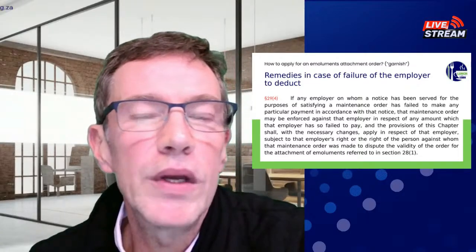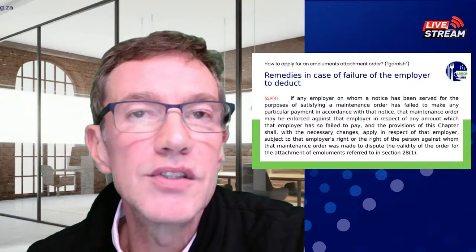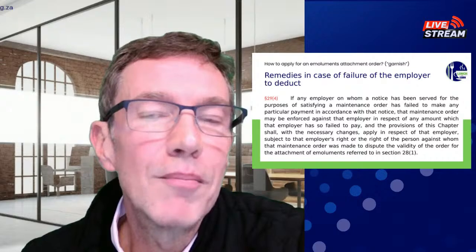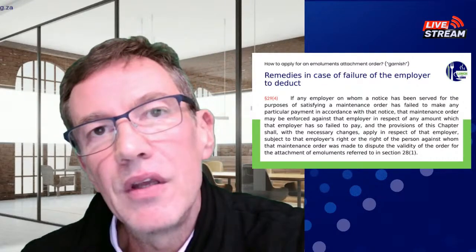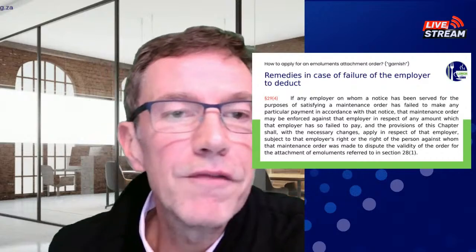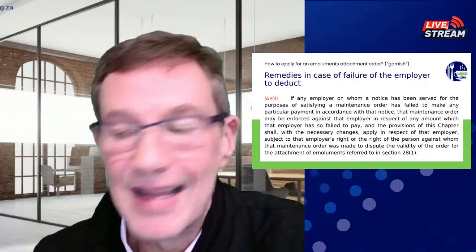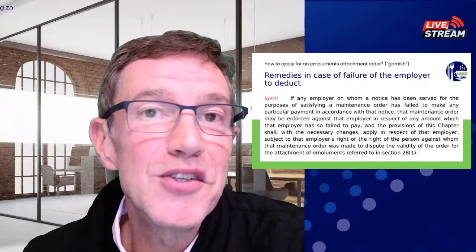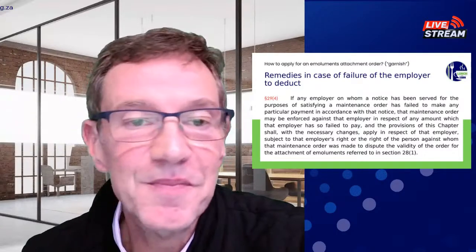I had one case where I actually attached the mainframe computers of that company for non-compliance with the garnishee order, because in terms of Section 29(4), that order could be enforced as if it was against the employer. So if they refuse to comply, you can very well attach their furniture.